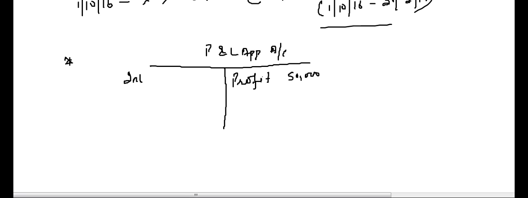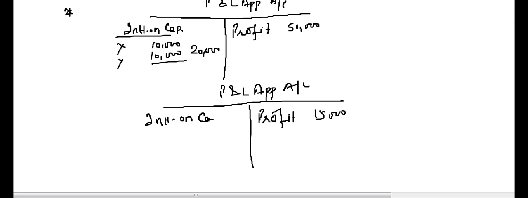Interest on capital, I say there are two partners X and Y. For X it is 10,000 and for Y it is 10,000. Clear? So 20,000, and the remaining profits we will distribute among the partners.